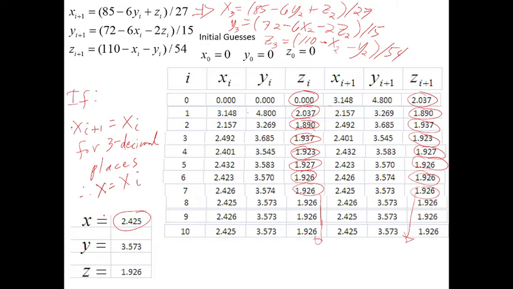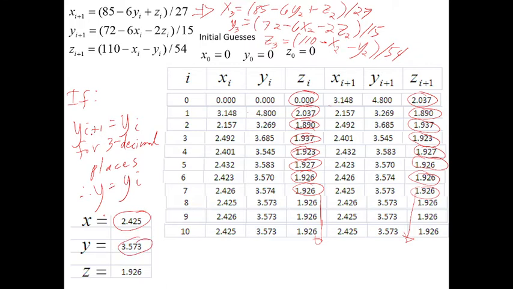So kapag naman y, if yi plus 1 equals yi for 3 decimal places, therefore y equals yi. Okay, that's why we have 3.573.